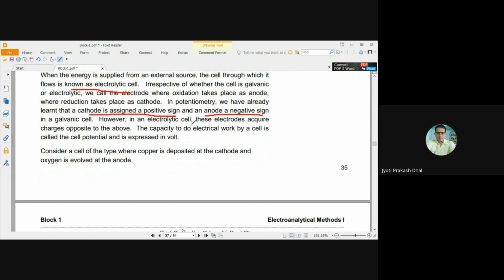However, in the electrolytic cell, the electrodes acquire the opposite charges. That means the cathode is assigned a negative charge and the anode a positive charge. That is the only technical difference between the electrolytic cell and the galvanic cell.